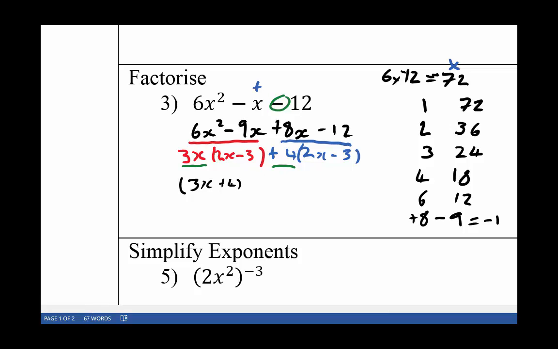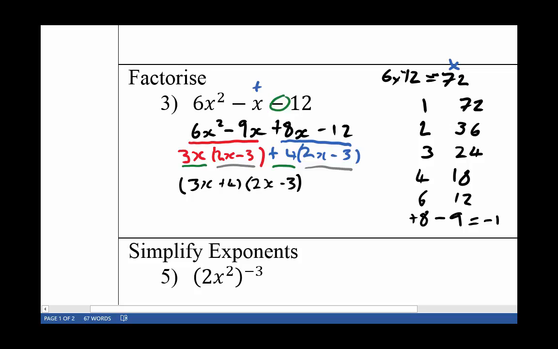And then this one here and this one here make up the other bracket. And because they're the same, it's just going to be one bracket, 2x minus 3. So see how that's a 2x minus 3, and this is a 2x minus 3. Whatever is in this bracket, which is the same, goes there, and the other bracket is made up of whatever is outside the bracket and whatever is outside the bracket. And so that is that one there factorised.